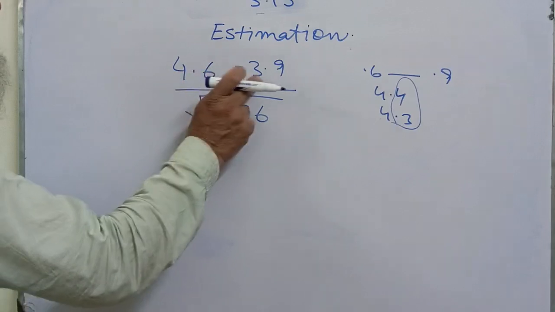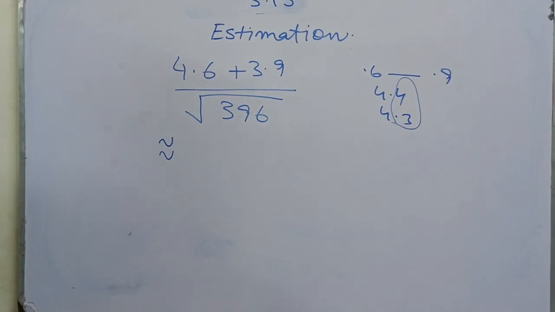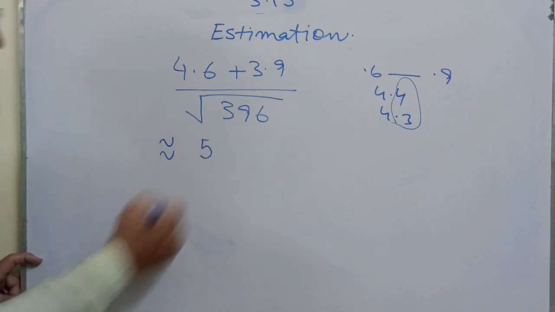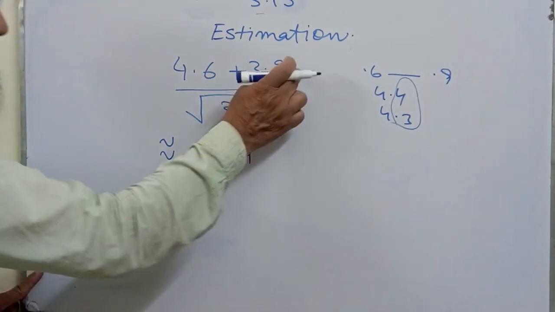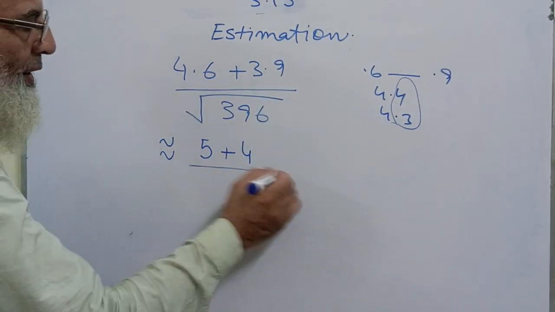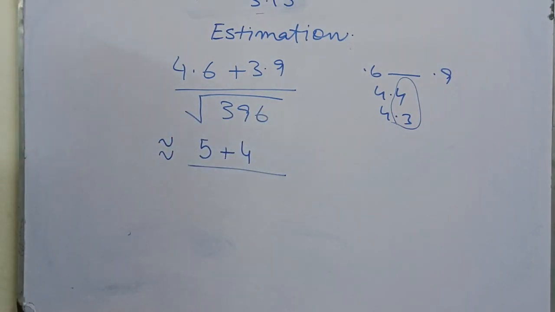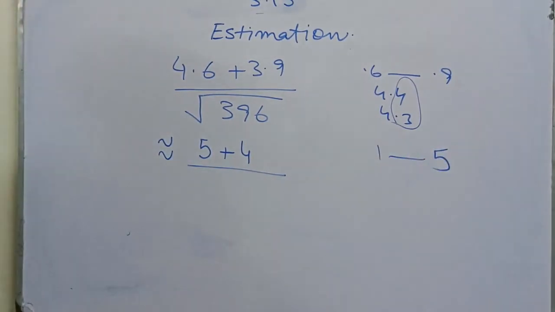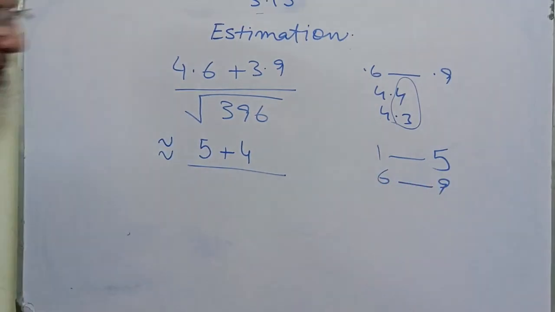Now since it is 4.6 and 3.9, here is the sign of estimation. So it is 4.6, we take the next number, that is 5, and again for 3.9 we take the next number, that is 4. In whole numbers, I may tell you that we estimate 1 to 5 with the same number, and from 6 to 9 we take the next.